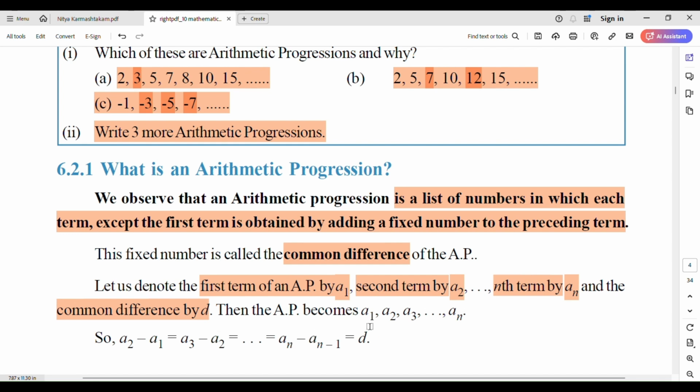Then we can write the arithmetic progression as a1, a2, a3, ..., an, and the difference of consecutive terms is always d. a2 minus a1 equals d, a3 minus a2 equals d, and so on up to an minus a(n-1) equals d. This is the most important rule to check if a given series is in arithmetic progression or not. Common difference: this is the most important point.